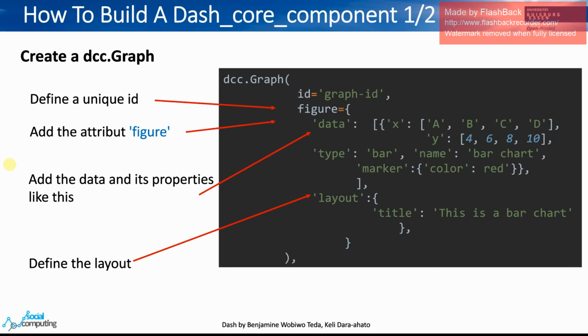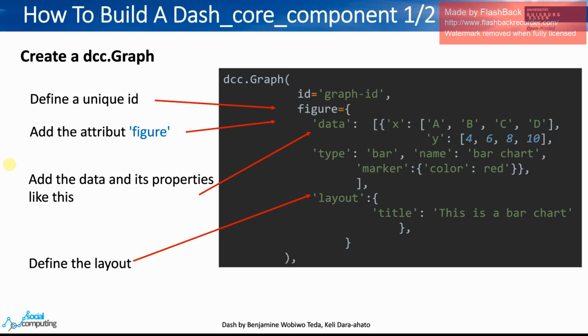Figure also contains further characteristics of the graph, like the type, in this case bar, since we wish to have a bar chart, the name of the data, the color of the bars, and so on.